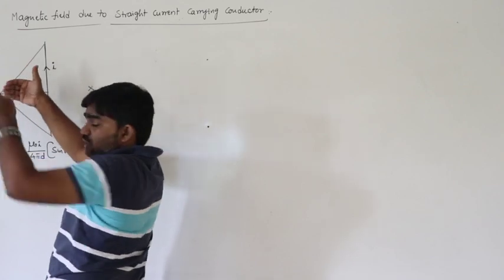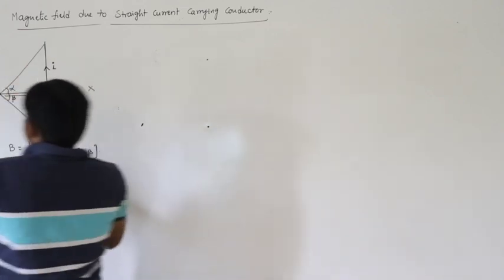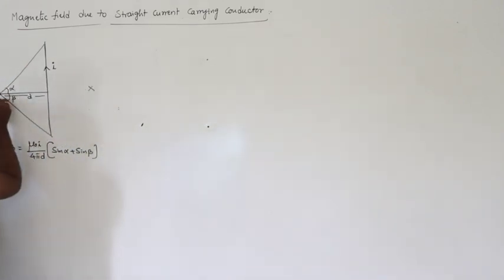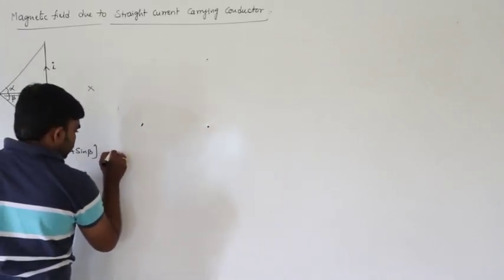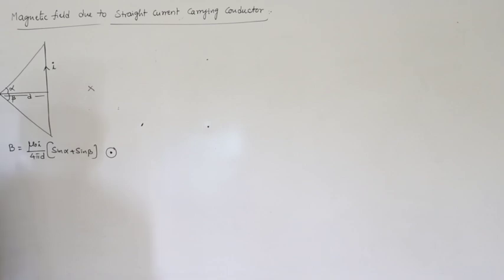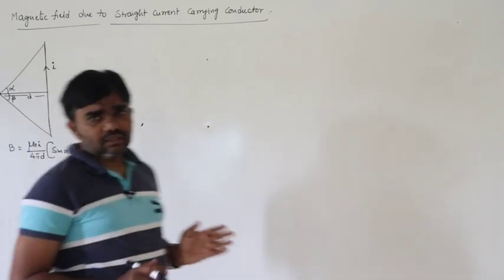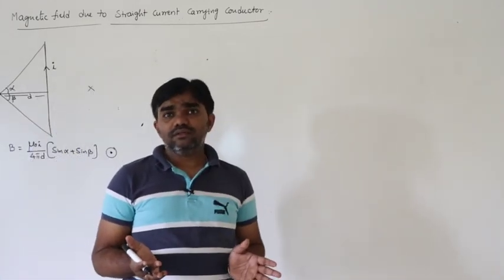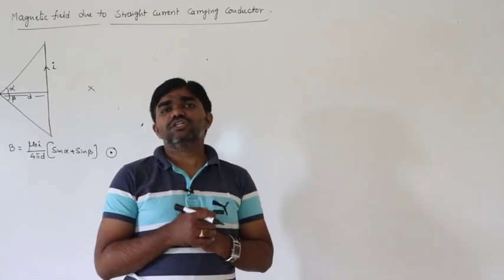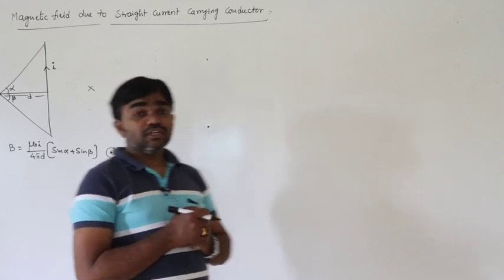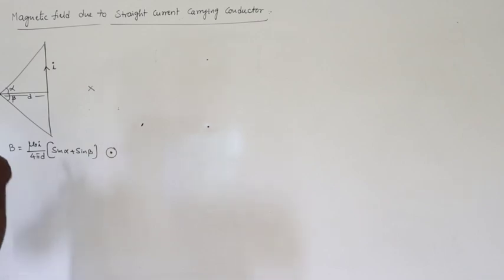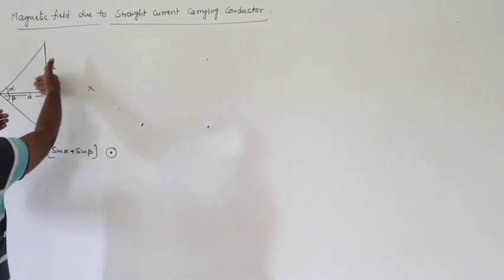So here the direction of the magnetic field is outwards. This dot indicates outwards and this cross indicates inwards. So on both sides of the conductor, the direction of the magnetic field must be opposite.